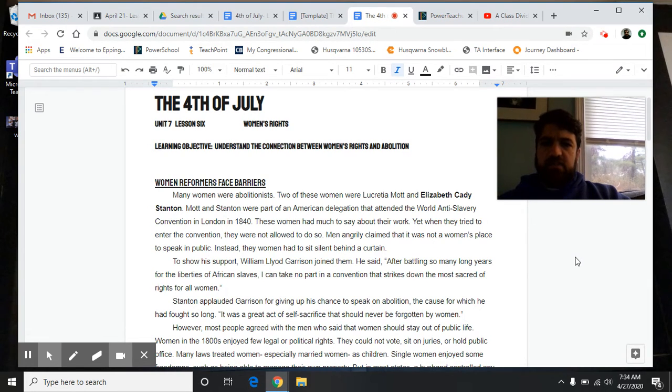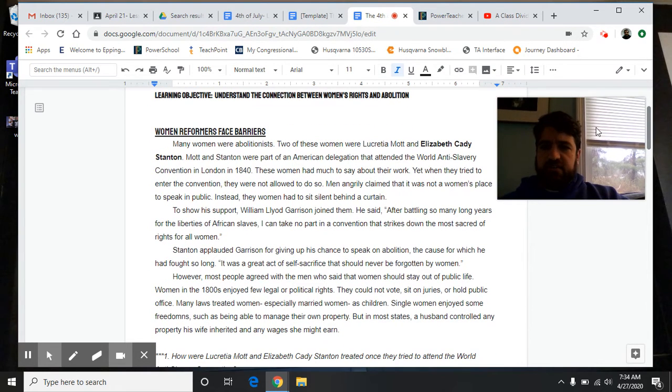Anyway, these sections are actually right from your textbook, so I just typed them in. So I apologize for any typos. The first section here says women reformers face barriers, and we're introduced to especially the woman in bold here, Elizabeth Cady Stanton.